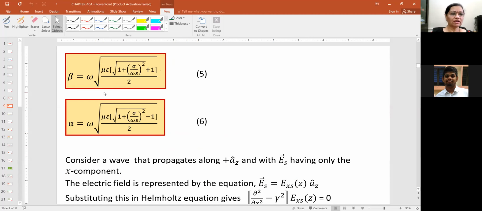And if you see here, I told you there is something common between the two of them. You can see omega is there, then under root mu epsilon, then again 1 under root of 1 plus sigma by omega epsilon. This sigma by omega epsilon, does it remind you of something?